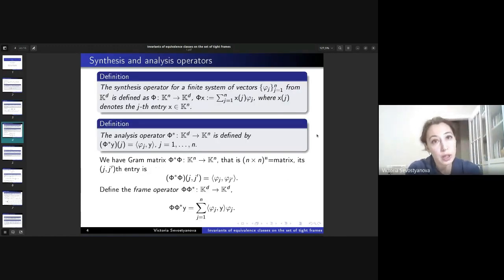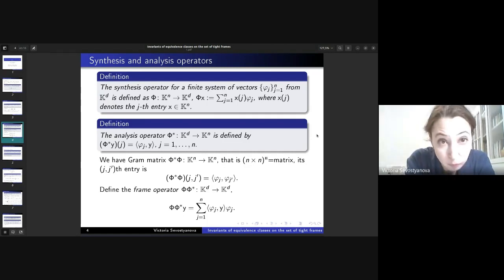There are two operators for frames: synthesis and analysis. The first operator works like this.